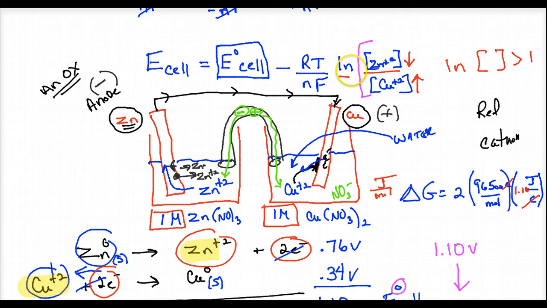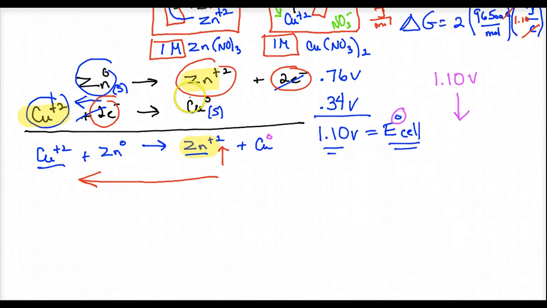Anything less than 1 in a natural log is a negative number. And this negative number plus this is a positive. So if I decrease zinc plus 2, let's get this stuff out of the way. Think with me for a second.